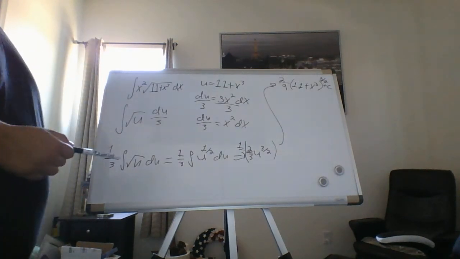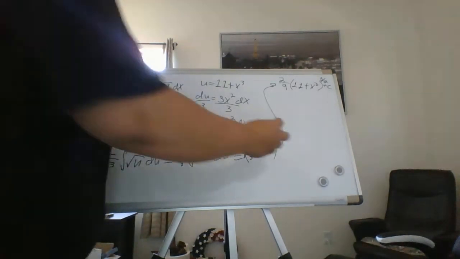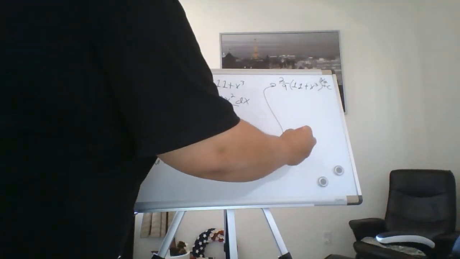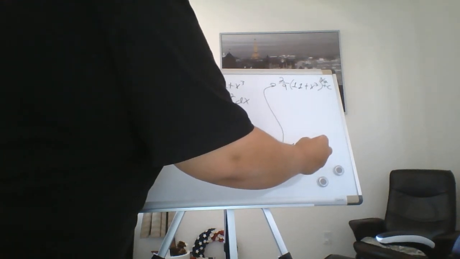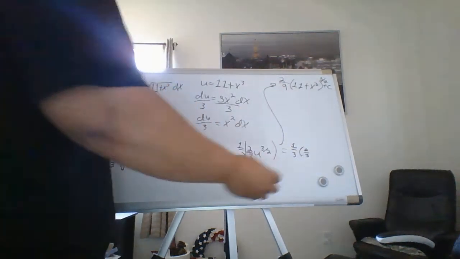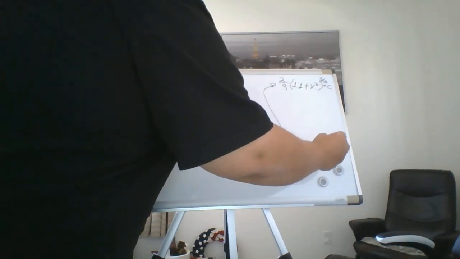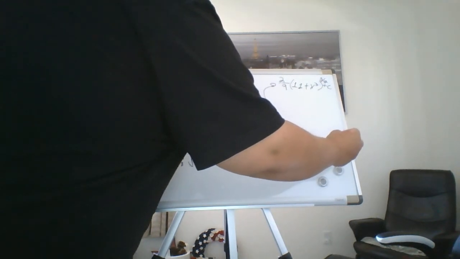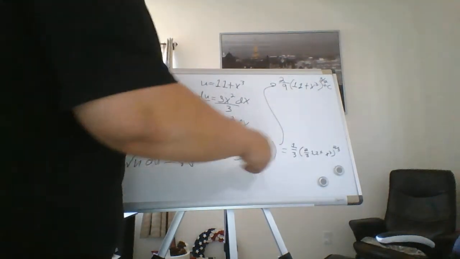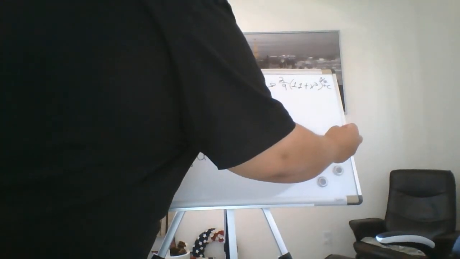Just stick with 1 over 3 times 2 over 3, and then put in the expression 11 plus x cubed to the 3 over 2, plus c.